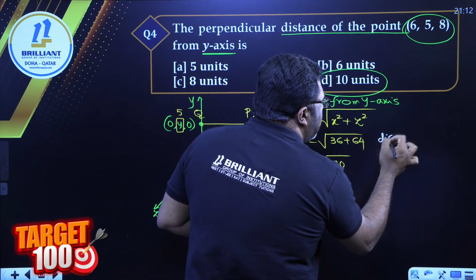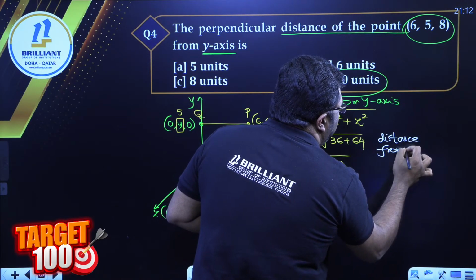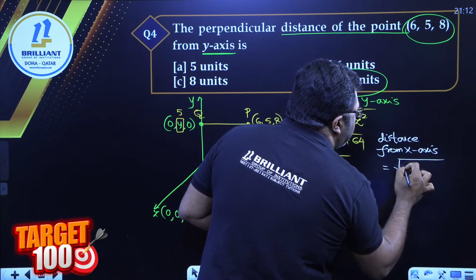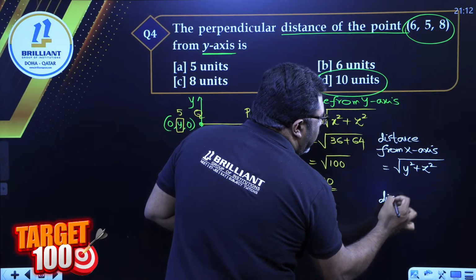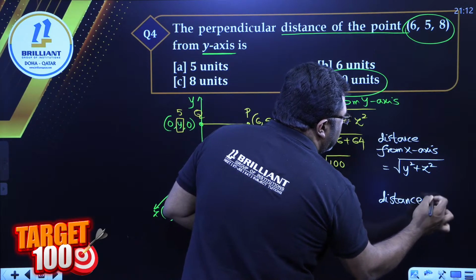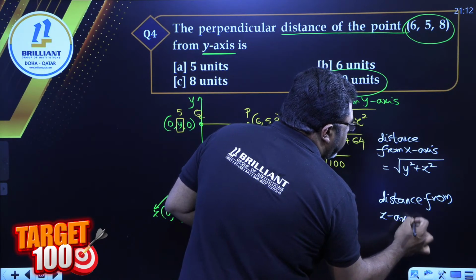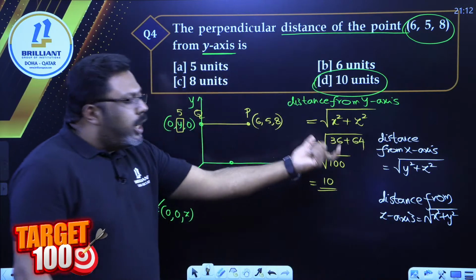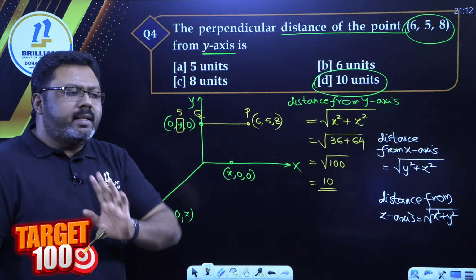Distance from the x-axis: please keep in mind, it's very good to remember this, y squared plus z squared. Now if I say distance from the z-axis, I would say x squared plus y squared. Keep in mind, the distance of any point from an axis is very simple to remember.